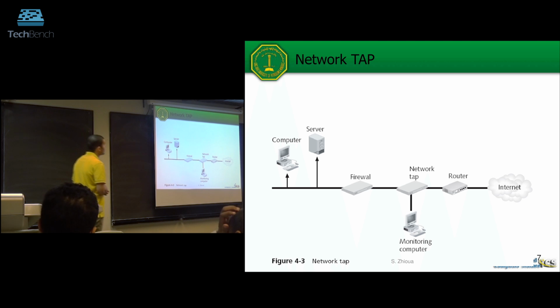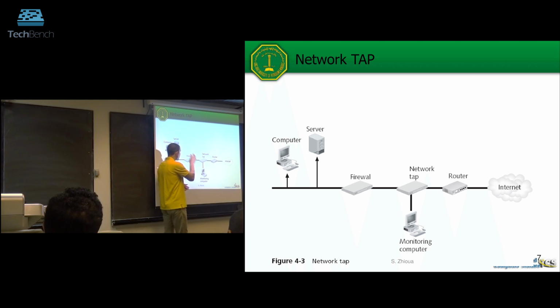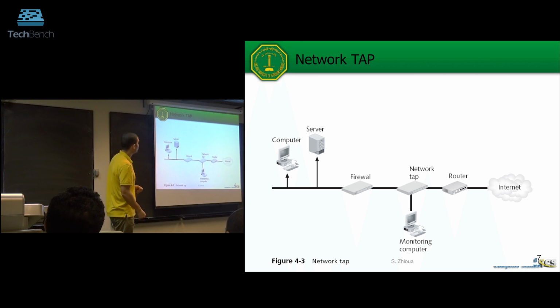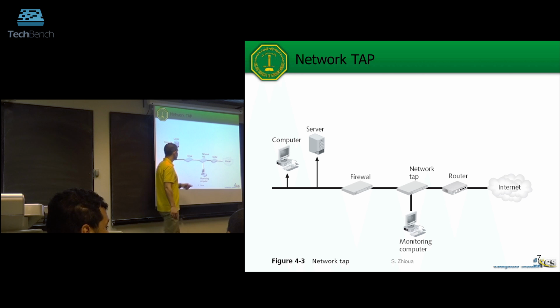Network tap. A network tap is a particular device installed in the network that will explicitly capture the traffic, and it will be linked to some monitoring computer. So it's not a port in a network device; it's another, specific small device, a tap, that will forward all the traffic flowing to some monitoring computer.